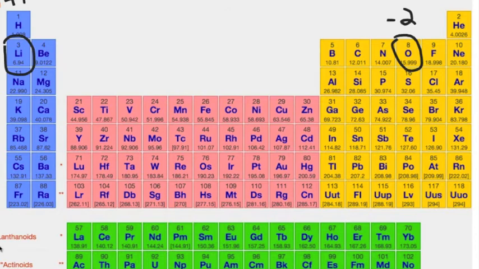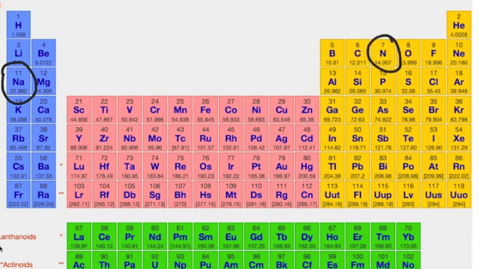Let's try another one. If I were to take sodium and nitrogen, I have Na, which is a charge of +1, and nitrogen, which is a charge of -3.